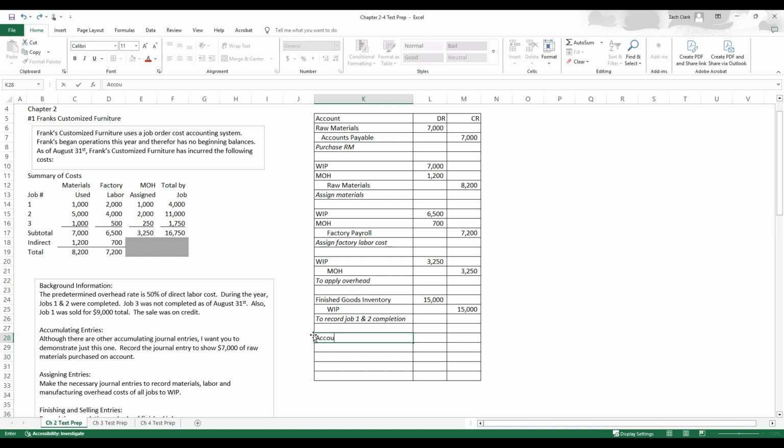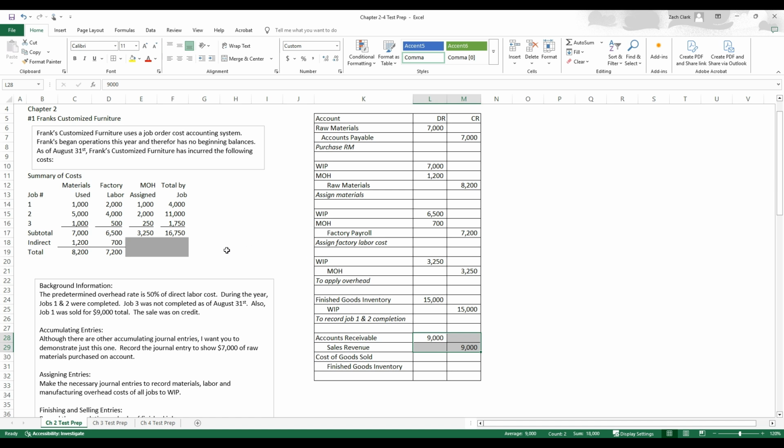So we've got accounts receivable, we've got sales revenue, we've got cost of goods sold, and we've got, I'm just going to steal it from above instead of typing it out, finished goods inventory. And these are our two credit accounts. So it tells us that it was $9,000 sales. That was our revenue that we sold it for, tells us here.